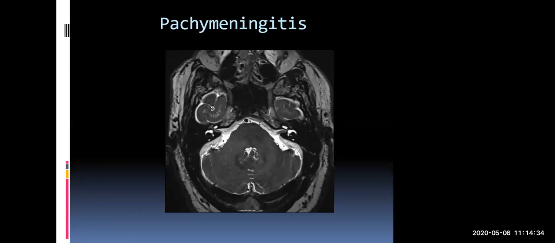To give you an idea of how bad it is, looking at a FIESTA sequence, this is the thickness of his dura. You can see from there to there, and you can see most of the IACs filled up with the dura, and the nerves are pushed aside, and that's why he develops episodes of sudden sensorineural hearing loss, which have all responded to prednisone so far, but we don't have a definitive diagnosis on him yet because he doesn't allow us to do any workup for him.